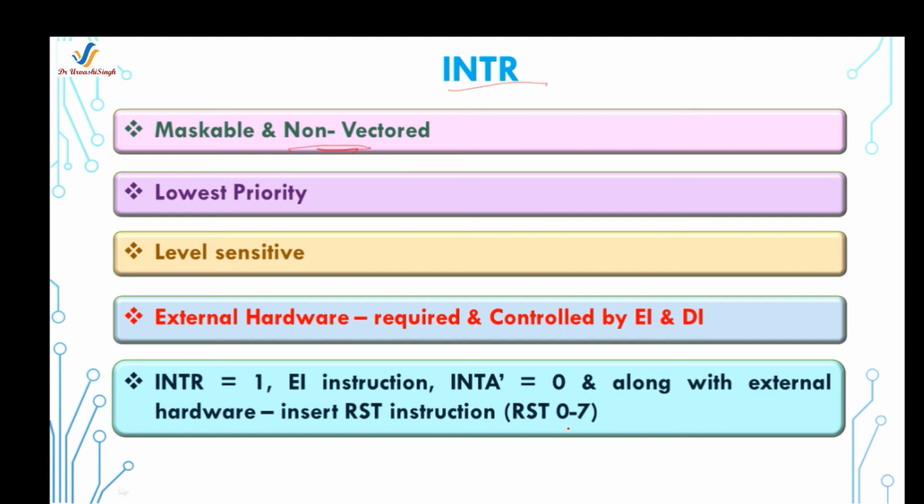These RST instructions you have already studied in my previous video, and for these RST instructions a predefined memory location is allotted, and the program control will transfer to the assigned memory location where the starting address of the service routine is mentioned.